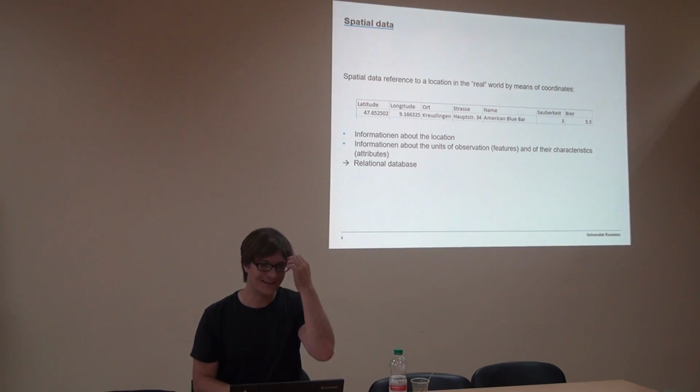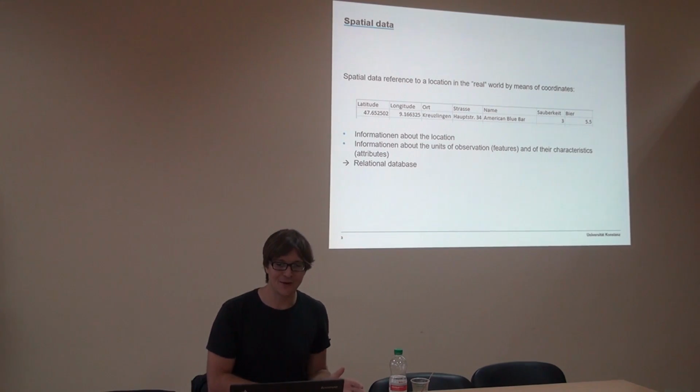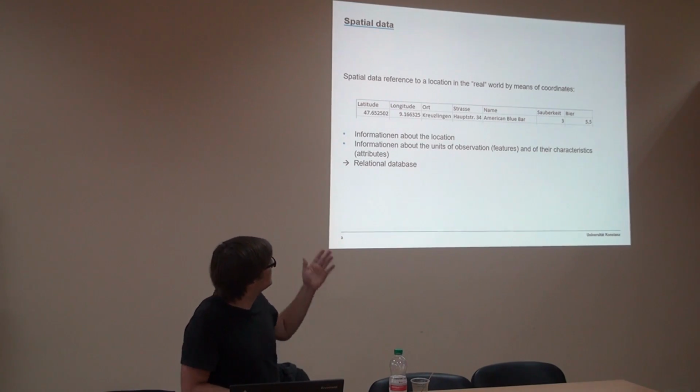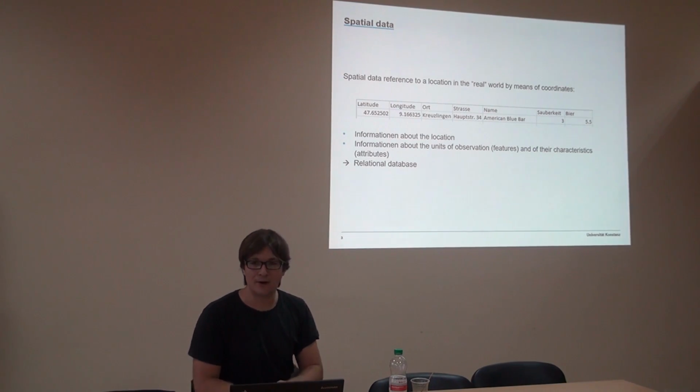And so we have information about the location, and we have information about the units of observation and their characteristics. This is in German, but this is the American Blue Bar in Kreuzlingen.